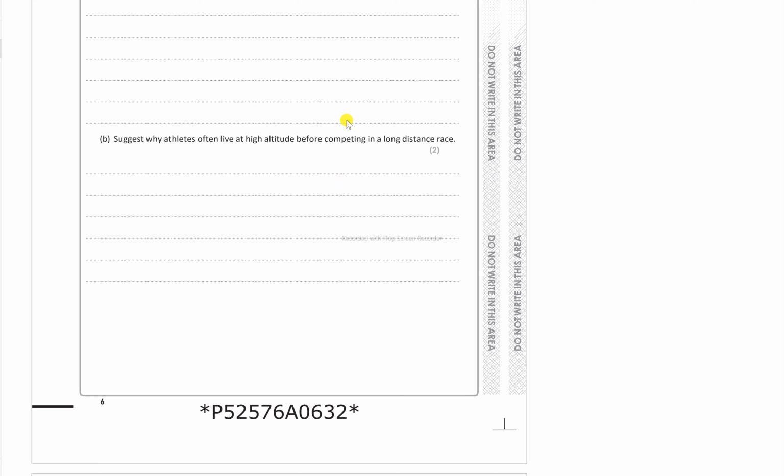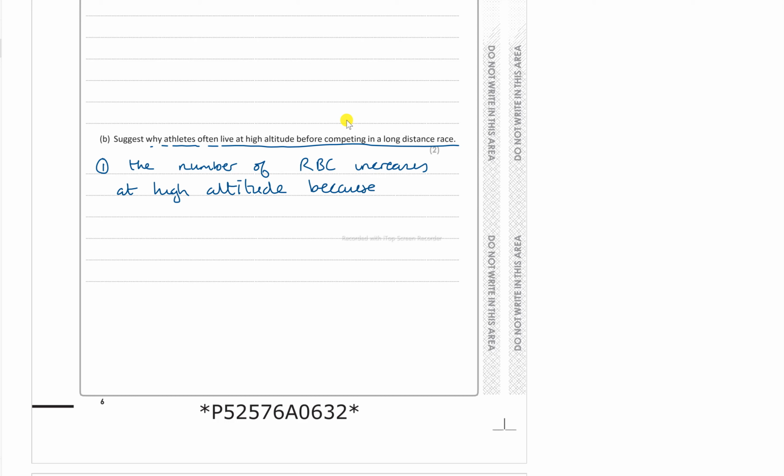Okay, so suggest why athletes often live at high altitudes before competing in a long distance race. The reason is the number of red blood cells increases at high altitude, because there is less oxygen. So your body adjusts.